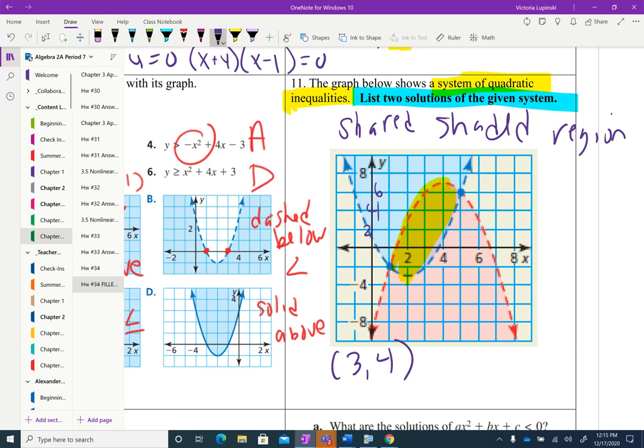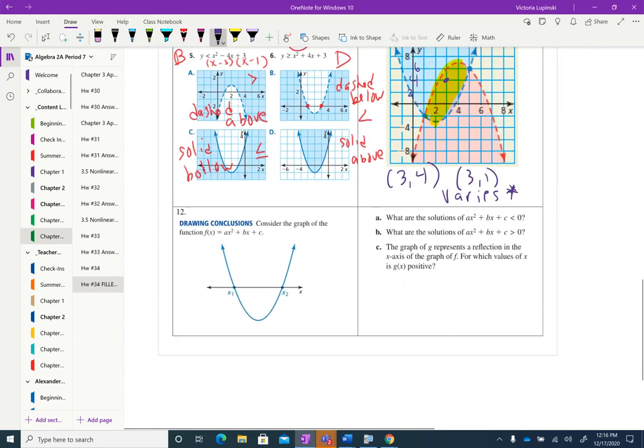That sounds better. That would be right here. Anybody else can tell me with 100% confidence a second point? 3, 1.4. And then just so you know, it varies. Obviously, those are just 2 of infinitely many. Questions? Okay, last one.